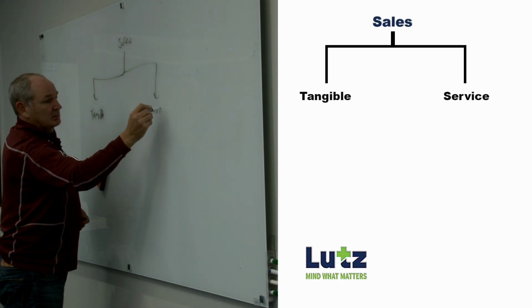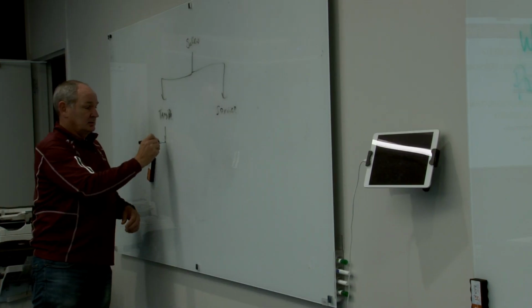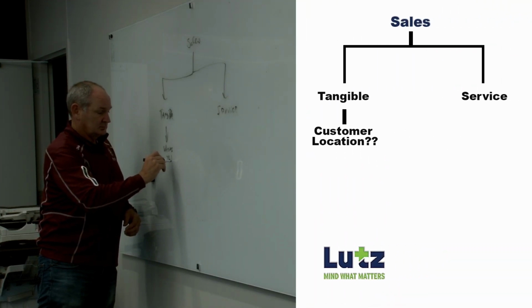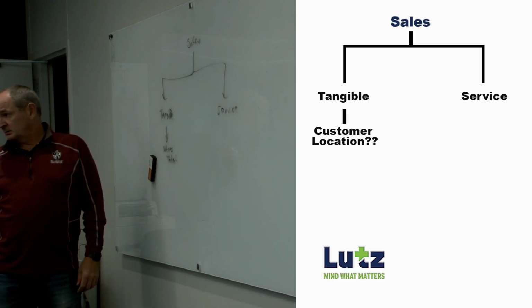Yep. So as a staff person, your first categorization is what kind of client am I dealing with? Tangible or personal? And if it's tangible, it is where's the client?